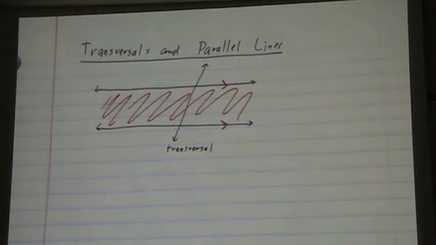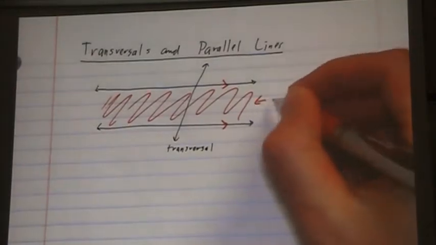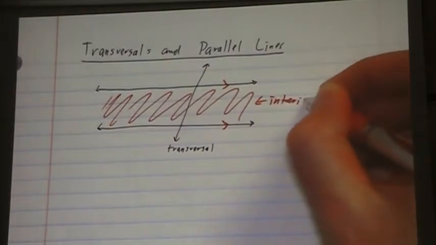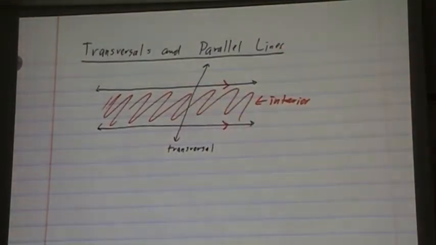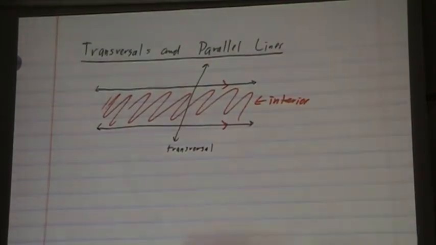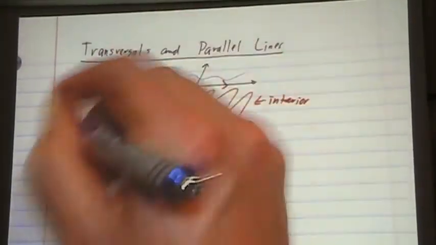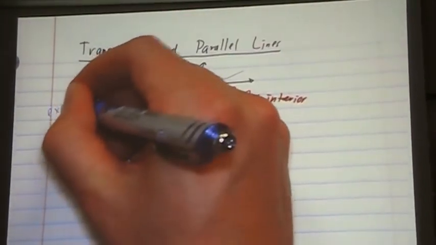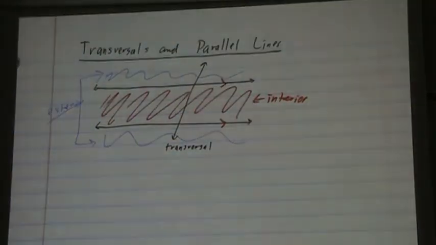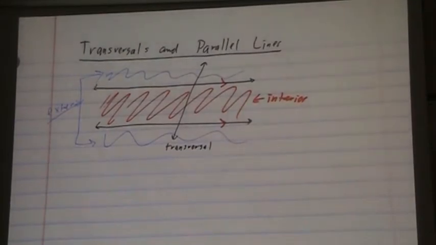If you've ever done painting before, you know there's a difference between interior paint and exterior paint. The reason for that is exterior has to hold up to weather. So this is our interior. And we have our exterior on the outside. Boom, exterior. Okay. So interior and exterior.